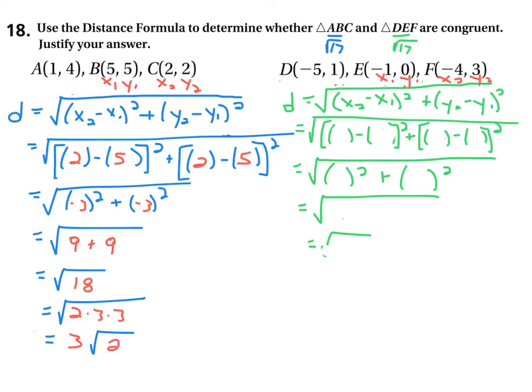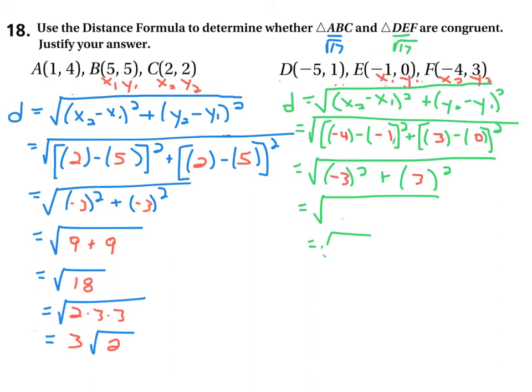That's simplified. Now let's go over here to the one on the right, and let's do that one. We've got x2 is -4 minus x1, which is -1. And then y2 is 3 minus y1, which is 0. And over here, -4 minus -1 is -3.